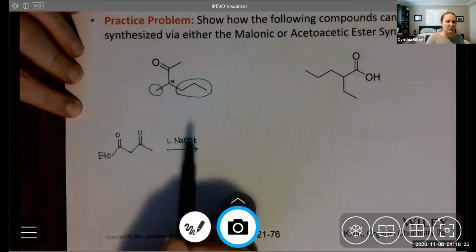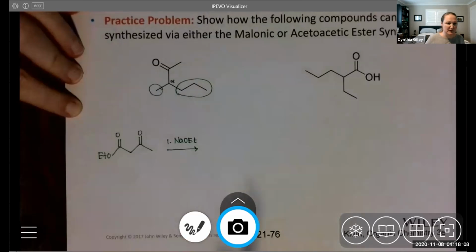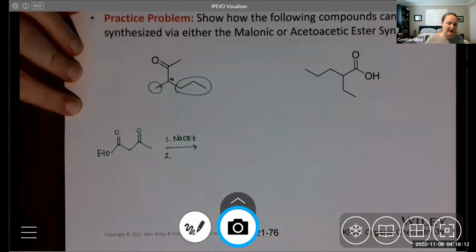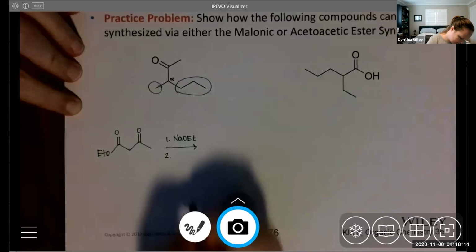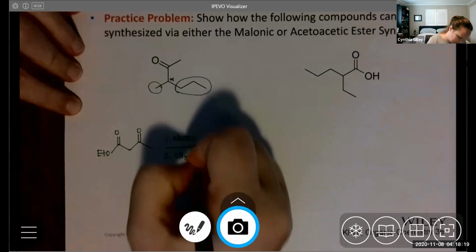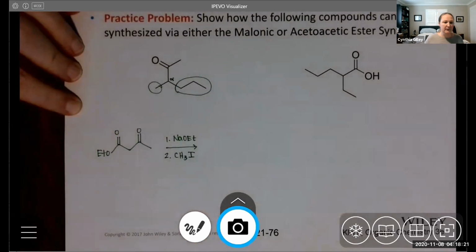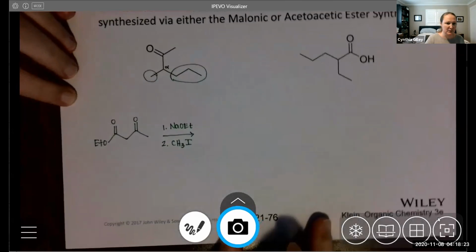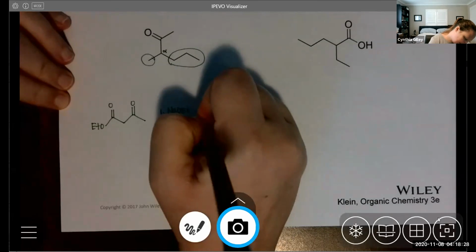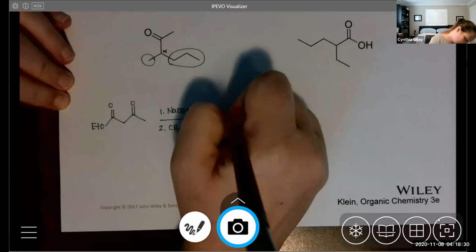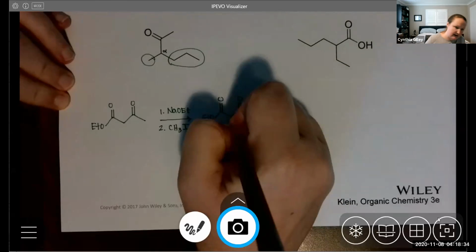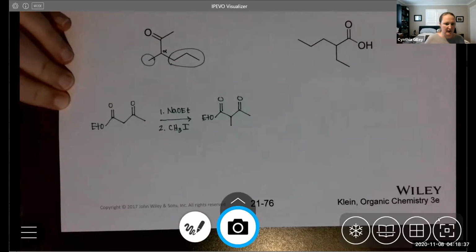It doesn't matter which of these two alkyl groups you introduce first, but I'll go ahead and add in the methyl group first. And again, you can use methyl chloride, bromide, or iodide. I'm going to choose the best leaving group, which is iodide in this case. And I'll draw the product of that step. So again, we will selectively alkylate the interior alpha carbon.